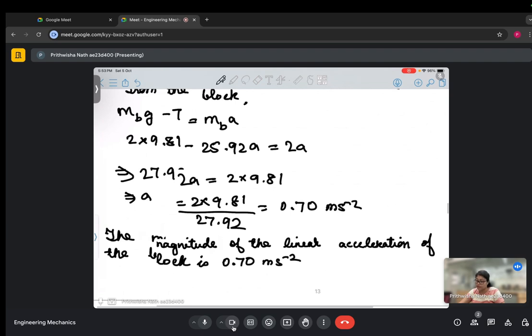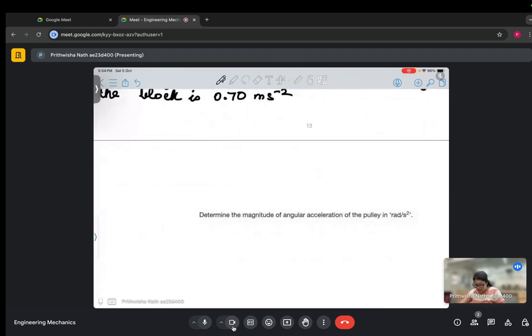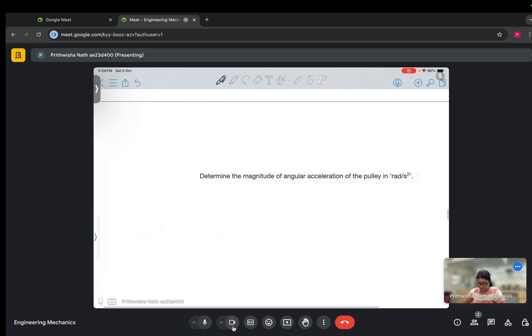Now moving on to the next part of the problem. Determine the magnitude of angular acceleration of the pulley. Now angular acceleration of the pulley is nothing but a by r, right? So a we already know and r also is given in the problem.